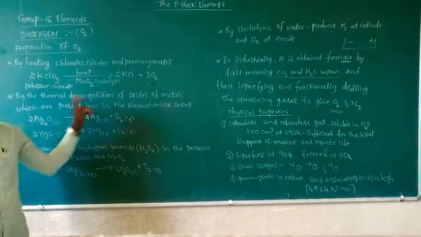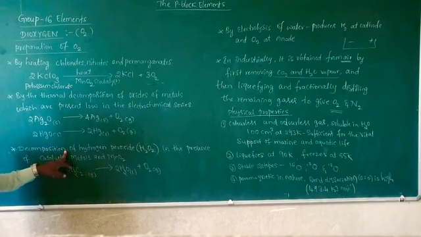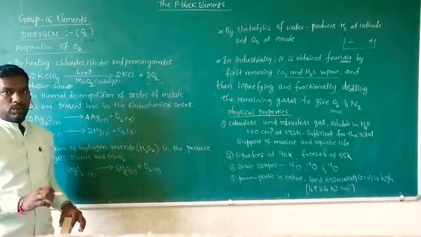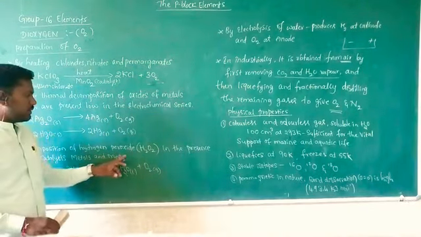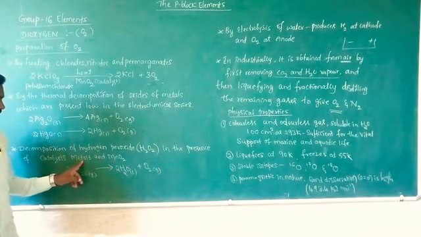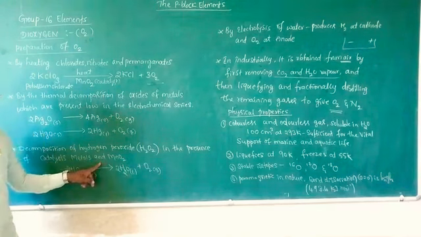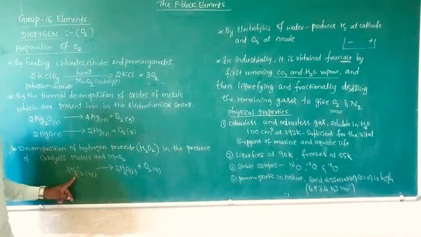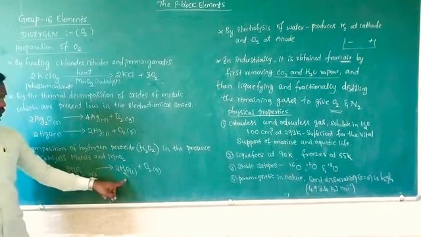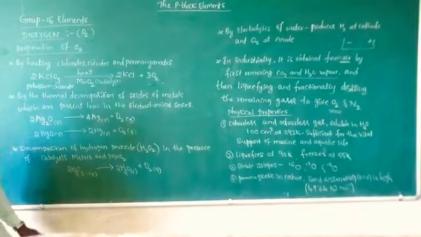Number 3, decomposition of hydrogen peroxide, formula H2O2. H2O2 in the presence of catalysts such as metals and MnO2. Manganese dioxide is used as a catalyst, and then aqueous hydrogen peroxide converts into water plus O2.